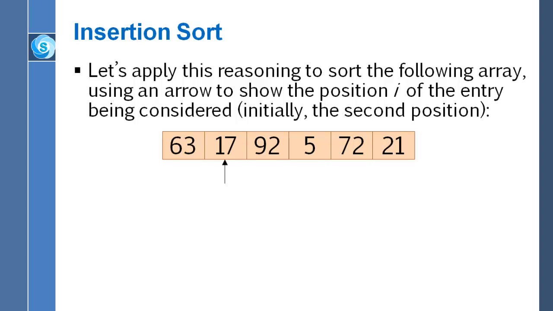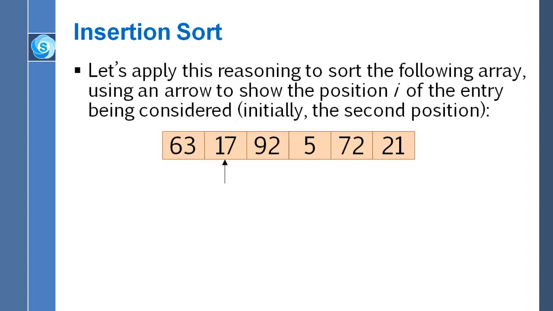Okay? We have to be careful, of course, because if we just move the 63 one position to the right, we're going to lose the 17. So actually, the very first step in this process is to take whatever number we're looking at, in this case 17, and copy it into a separate variable for safekeeping. And that then makes it safe to shift something into that position. Okay, so it's true that we're going to swap these two numbers, but I want you to think of it this way.